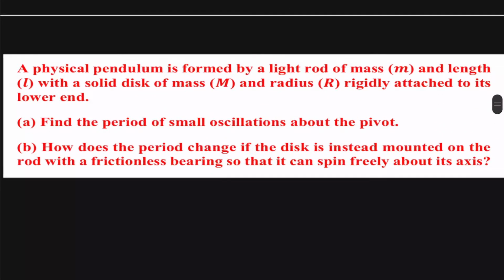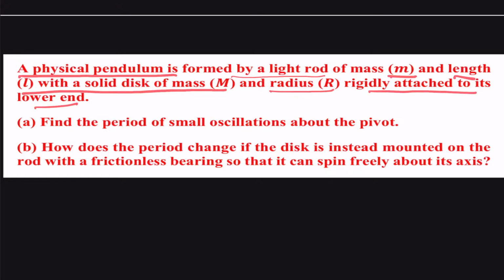It states that a physical pendulum is formed by a light rod of mass m and length L with a solid disc of mass M and radius r rigidly attached to its lower end. So we have two parts on it.